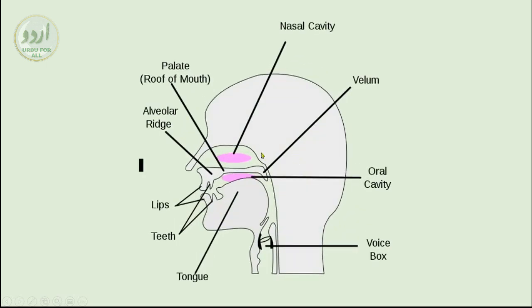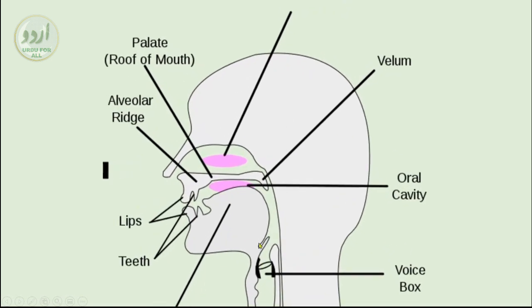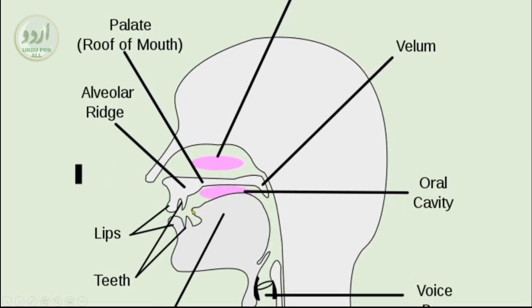Before we move on to the next letter, I would like you to look at this. This is a cross section of a human head. Now all sounds are made over here in this area. Okay, so let's look at it a bit closely. There. Now look at this now. This is the tongue, lips, teeth, and nose over here.